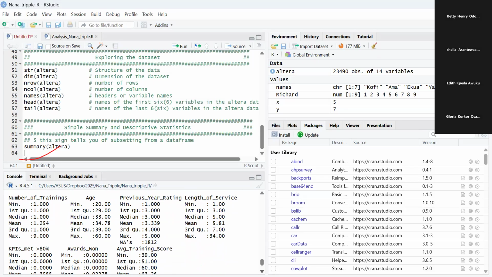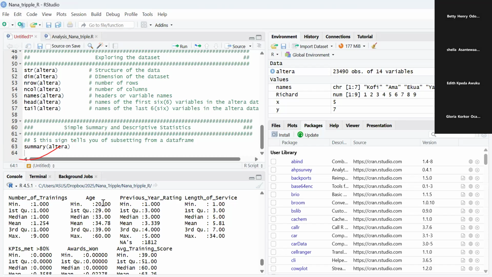Please, can you see? Yes, Prof. So what can you see?